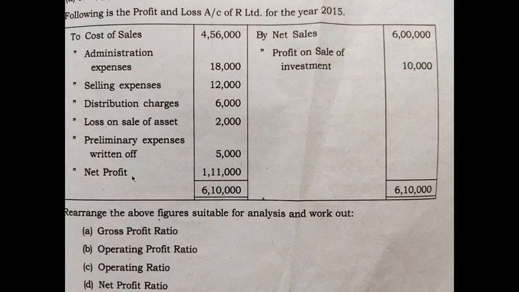The only detail that can be directly identified is net profit. But for computing the operating profit ratio, we need operating profit. So how are you going to find out? That's why we discussed at the beginning that we rearrange the above information. Some information may not be directly accessible from the statement. That information may be hidden. You need to identify it.